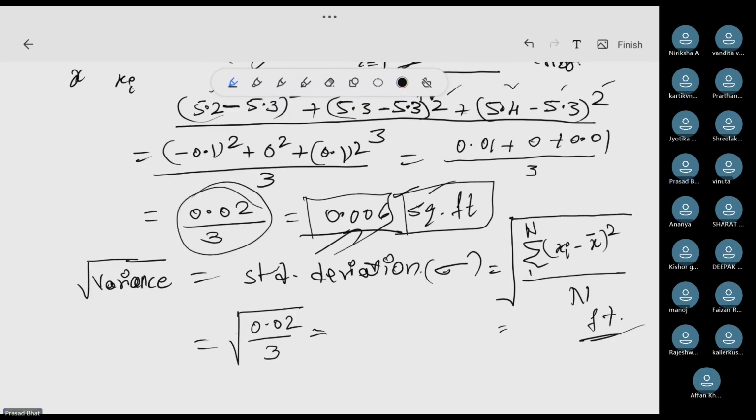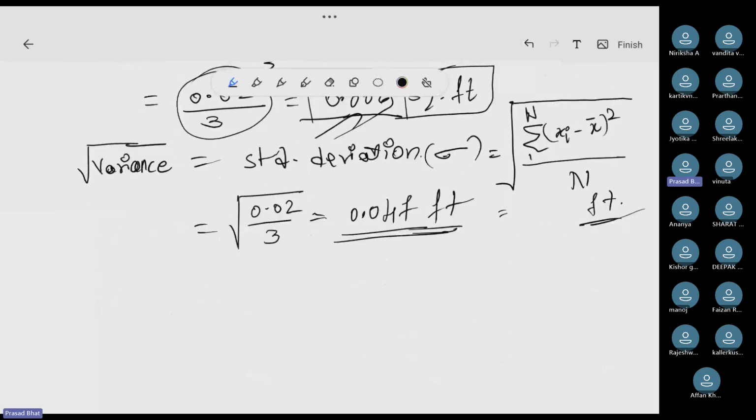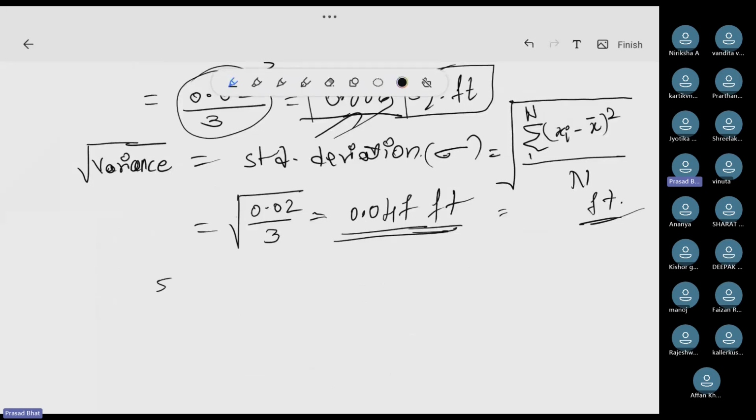Can somebody calculate the square root of this value? What is it going to be? 0.047. Now this is in feet. Generally, when I say this, it means that if you are supposed to predict the height value, then you can say it is 5.3 feet plus or minus 0.047 feet, roughly near to 0.05 feet.